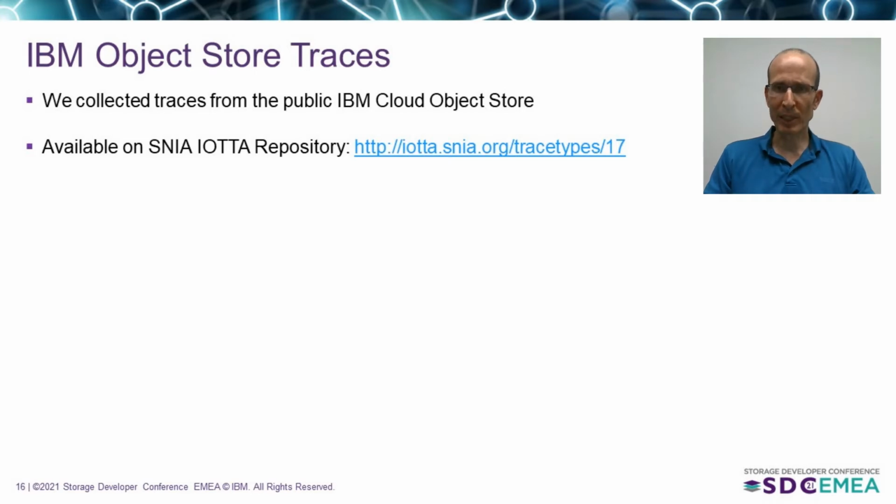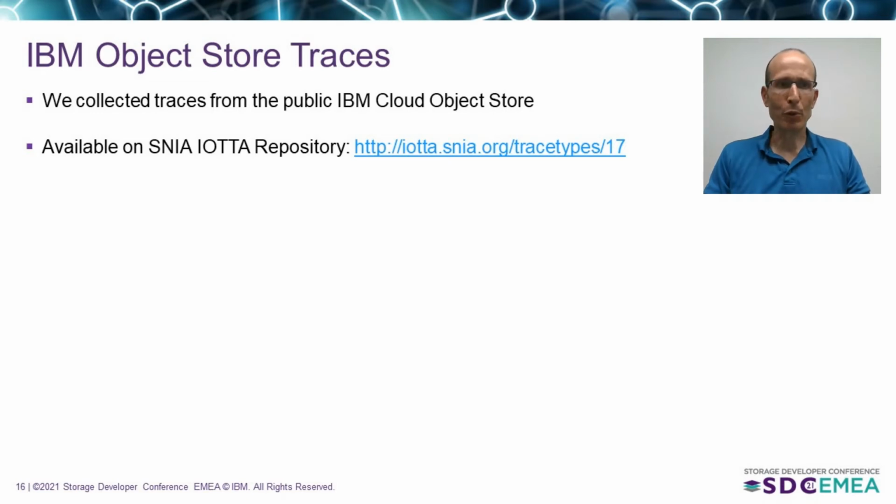Now, I'm going to jump the gun right now and tell you that this data is available for you to go and play with. IBM has been able to make this data available and give it to SNIA, who is hosting it now on the SNIA IOTTA repository. You can find it right there on that link.